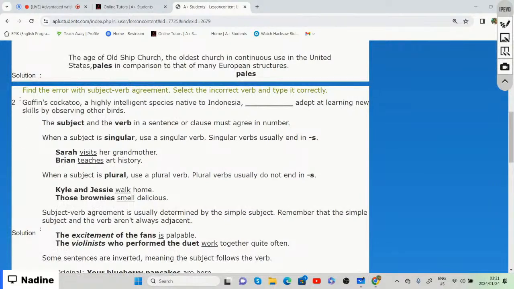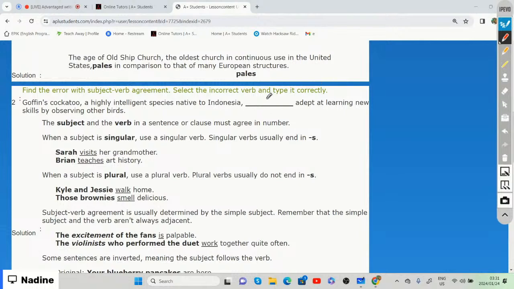So Goffin's cockatoo, a highly intelligent species native to Indonesia, do we say is adept at learning new skills by observing other birds? And since we're talking about one bird, then yes, we can say it is adept, not are adept.